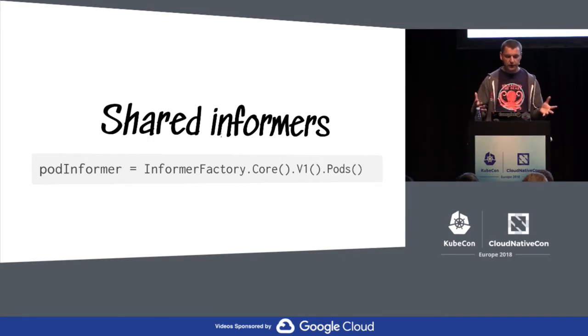So the shared informer, what it is, that's the funny thing. I was looking through the entire Kubernetes repo. Every Kubernetes developer, if you ask them, will say, yeah, I know what a shared informer is. Everyone should be using it, and everyone is using it. But to be honest, there's no documentation about what a shared informer is.